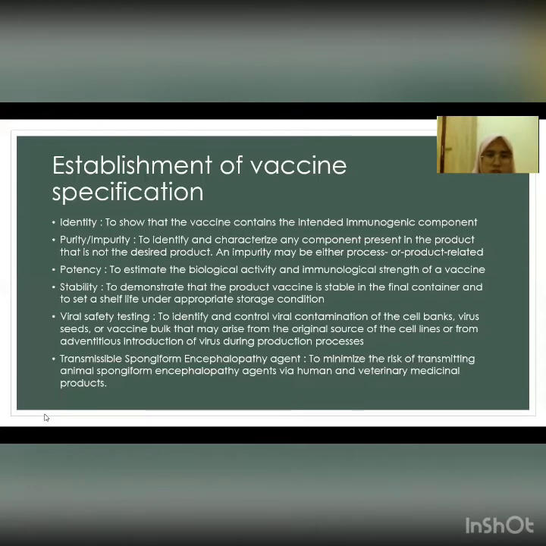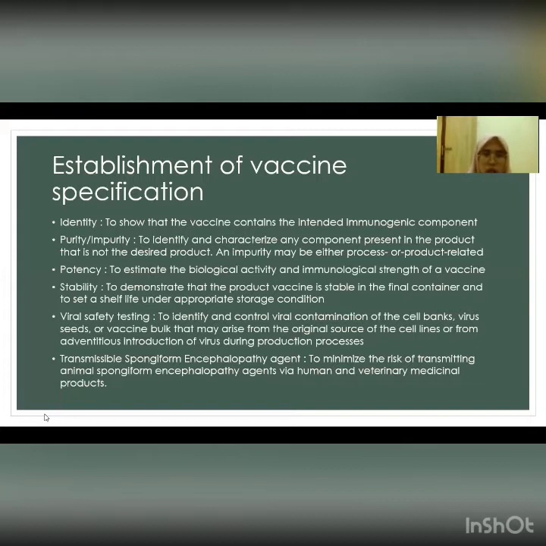So there are steps in the establishment of vaccine specifications. The first one is identity. The purpose is to show that the vaccine contains the intended immunogenic component. The second one is purity or impurity. The purpose is to identify and characterize any component present in the product that is not the desired product.